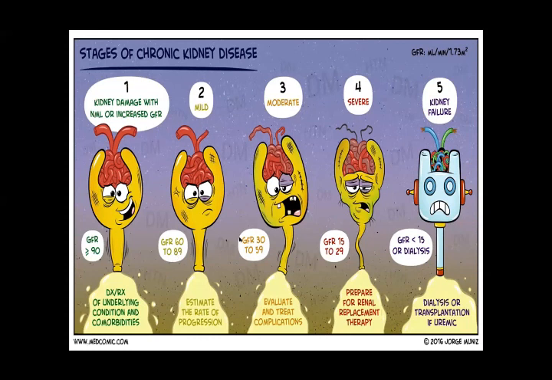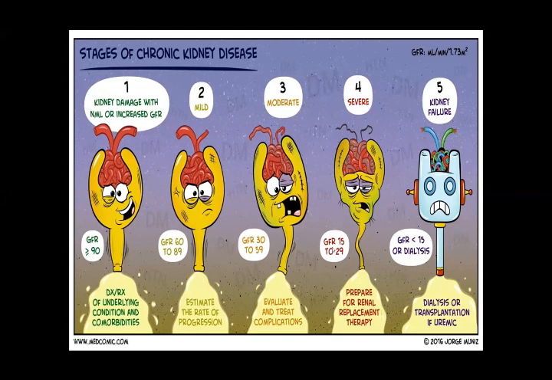If there is moderate kidney disease, with GFR between 30 and 59, you decrease the dose of your drugs and keep evaluating the patient, because now the patient will be much more symptomatic. 15 to 29, that is very low.